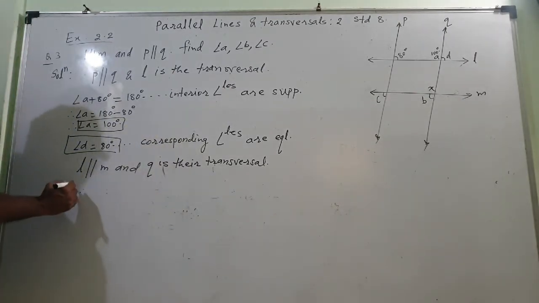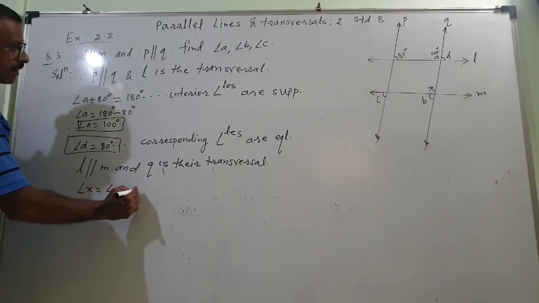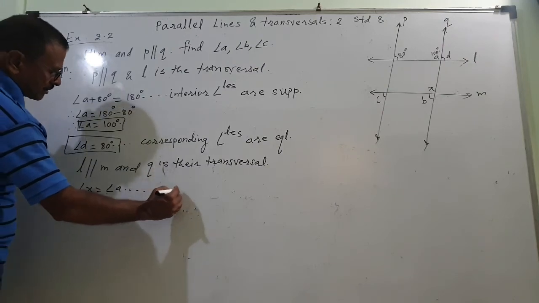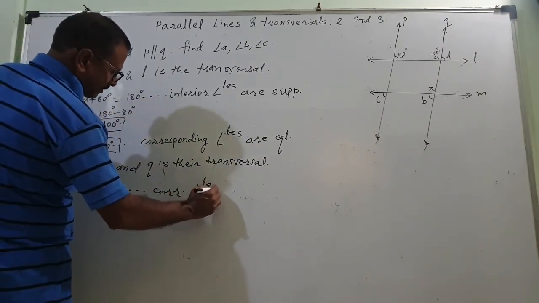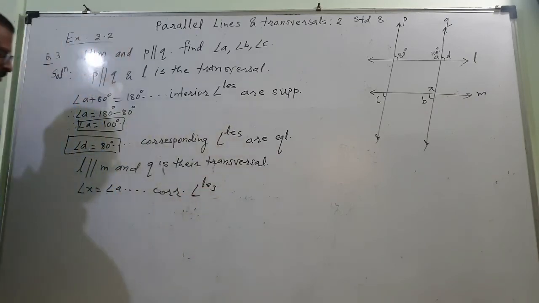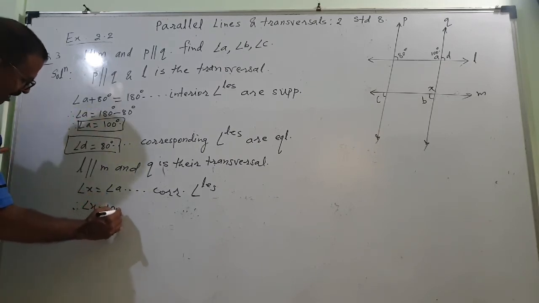So angle X is equal to angle A. Reason: corresponding angles. Now I am using the shortcut. Curve angles. Curve means corresponding angles. Therefore, angle X is equal to how much? As usual as A, it is 100 degrees.